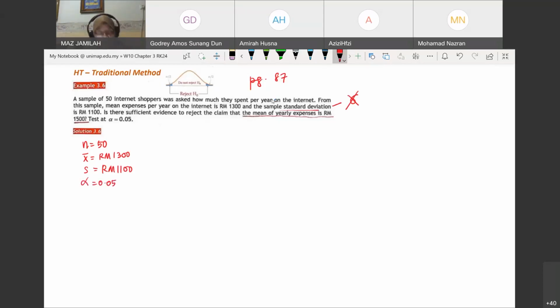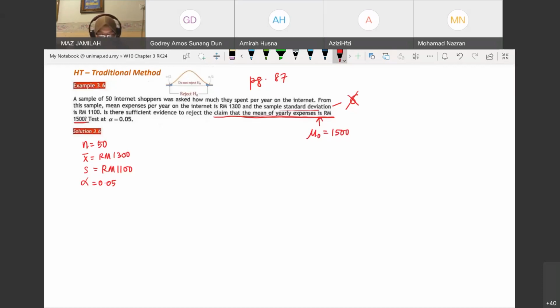Okay? Is there sufficient evidence to reject the claim that the mean of yearly expenses is RM 1,500? That statement is your hint to develop your hypothesis statement. Now, look at the sentence that I underlined, and you can see the word "is". So the word reflects that I'm dealing with population mean, and this is the hypothesized value that is equal to 1,500.